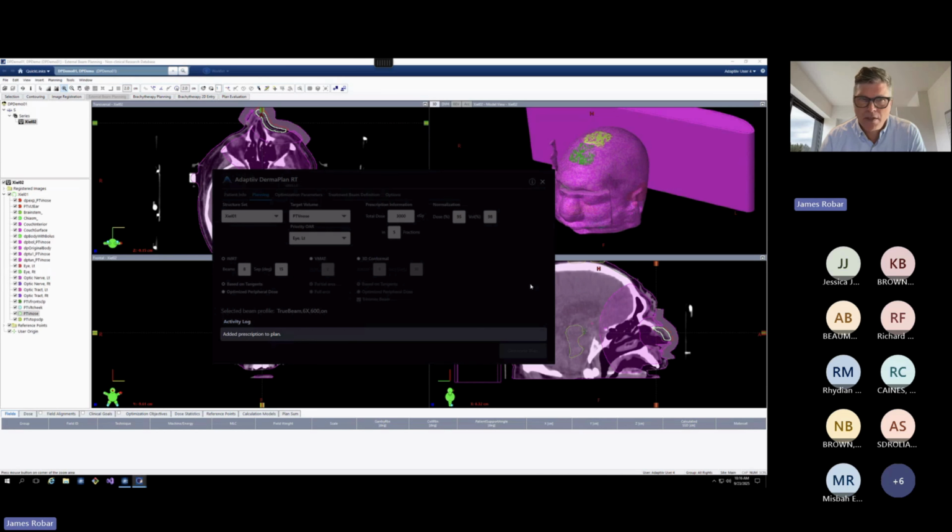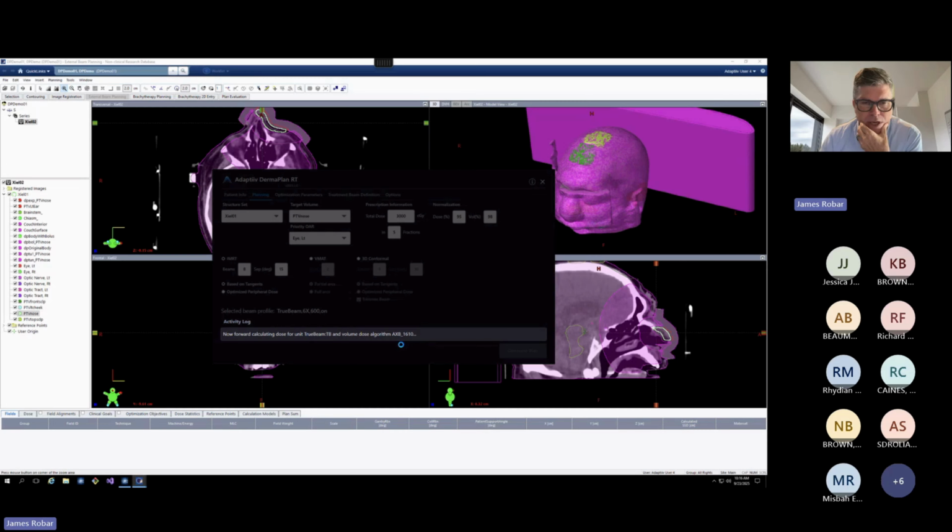There we go. So we have tuning structures, we have the extended PTV, we have the bolus already there. It's figured out that my default optimization algorithm is PO 16.1.0, and it's using that for optimization. And having completed that now, it is forward calculating a dose distribution, in this case using Acuros XB.